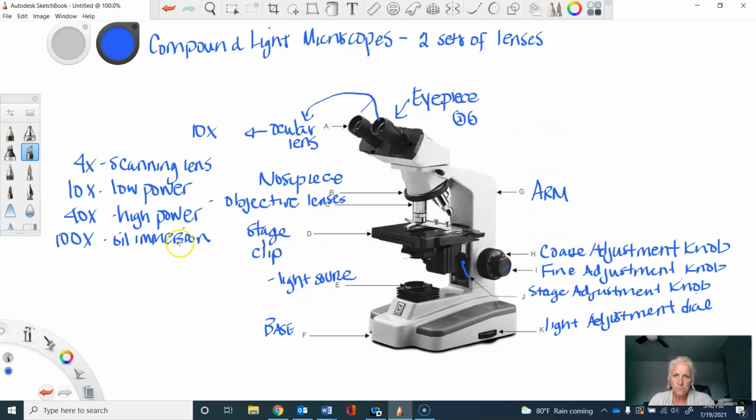Okay? All right. Another couple of things on the microscope below the stage that aren't really pointed out in this picture. Under here, we have a little structure called the condenser.